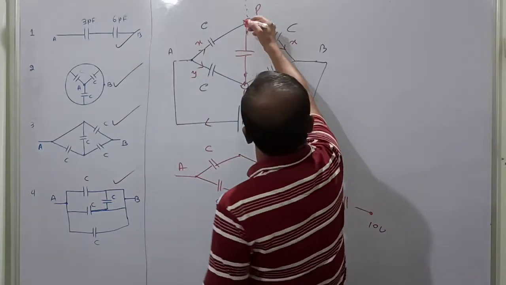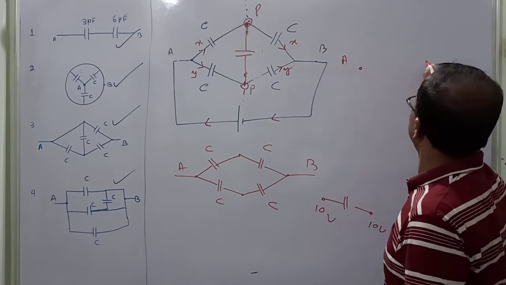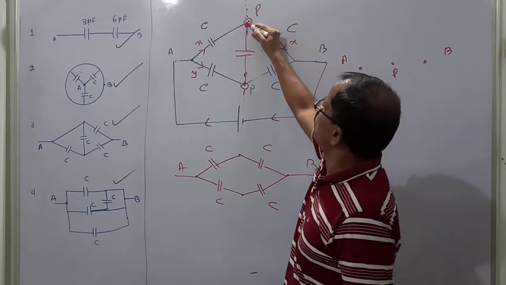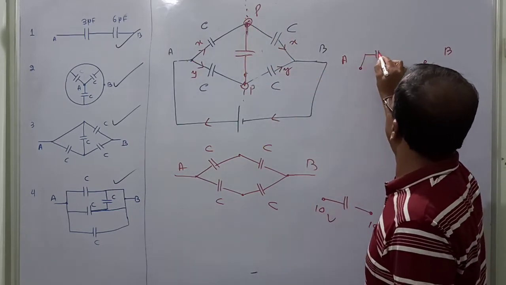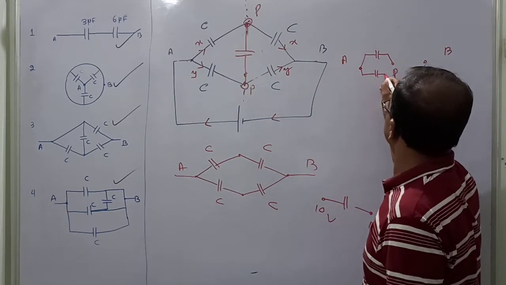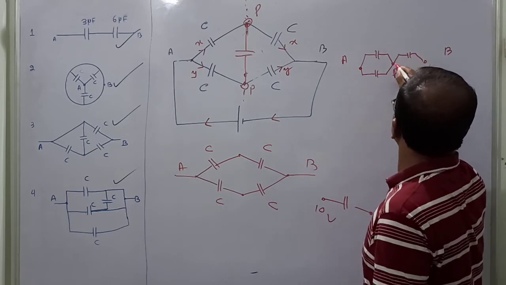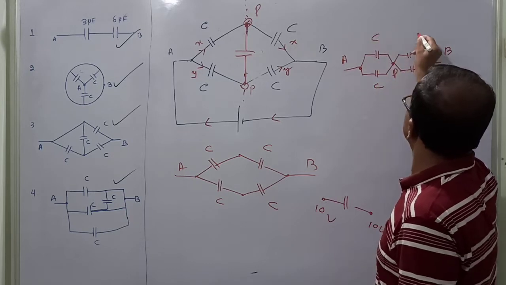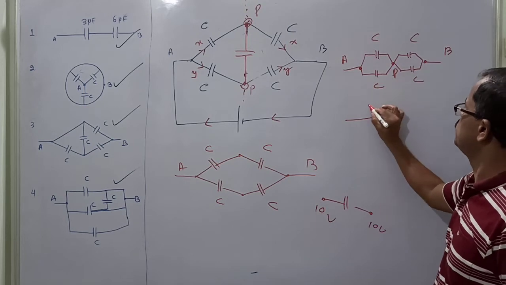So now, if these are the two same points, come to another way of solving. This is the A point, this is the B point. Now this is point P, this point is also P. A to P, then again A to P, then again from P to B, again from P to B. Now C, C: 2C in series.